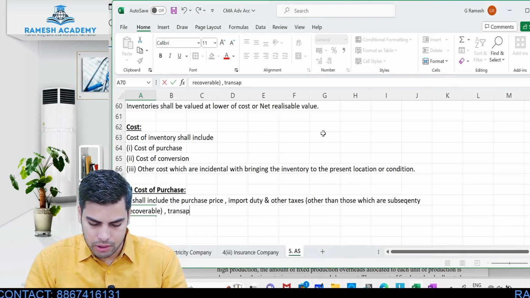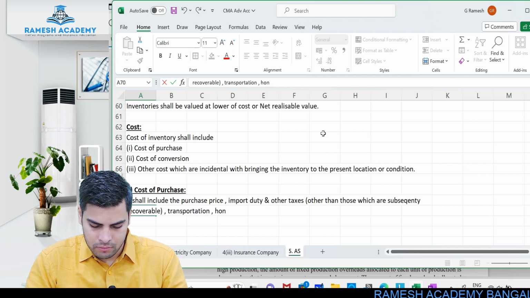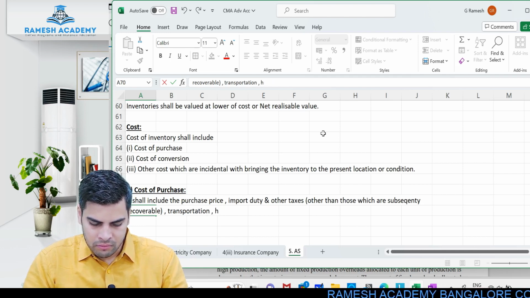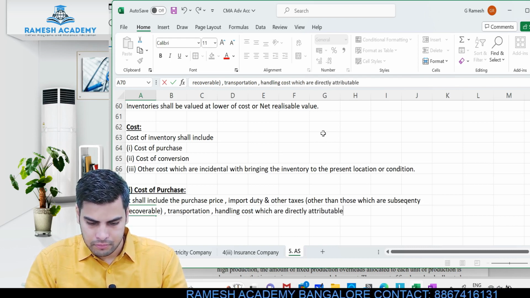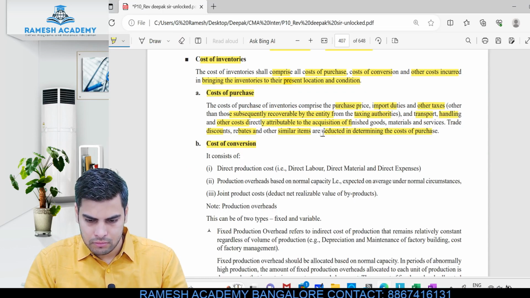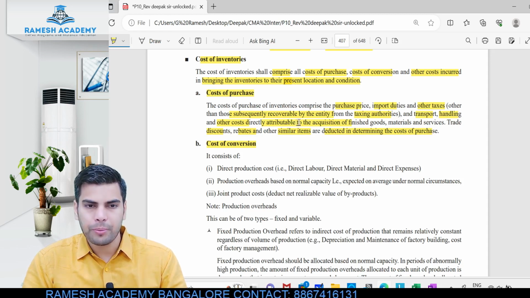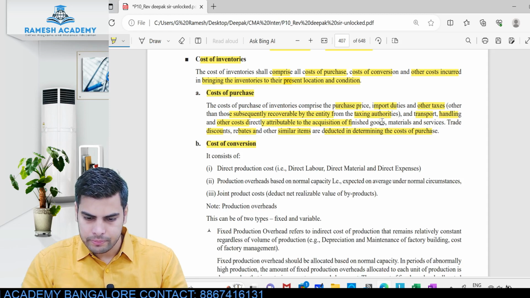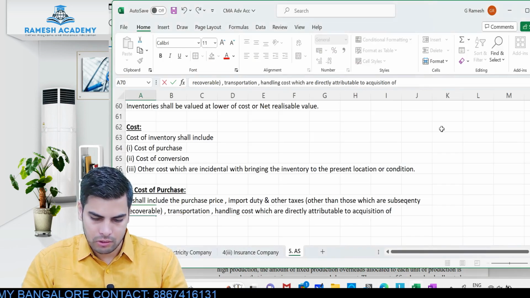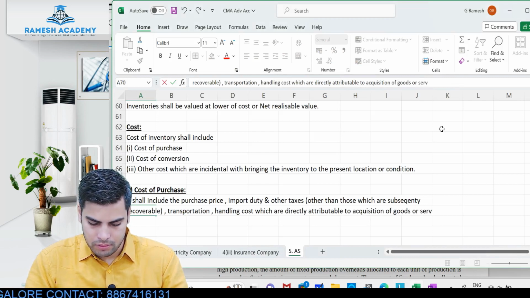So transportation, handling and other costs which are directly attributable to the acquisition of goods, material and services.